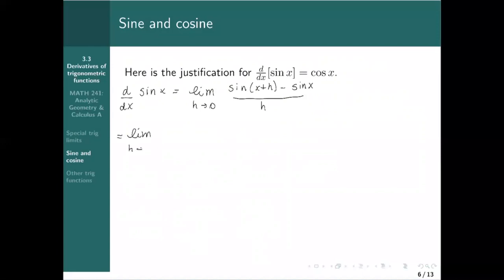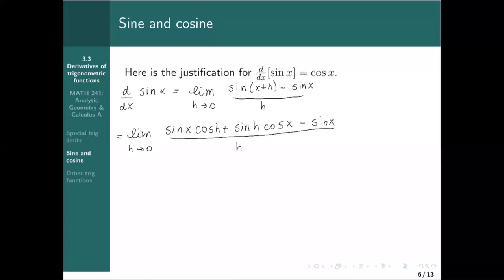So sine of x plus h is going to be sine of x cosine of h plus sine of h cosine of x. And then we repeat the minus sine of x, and that over h.